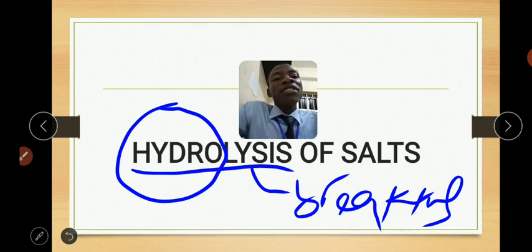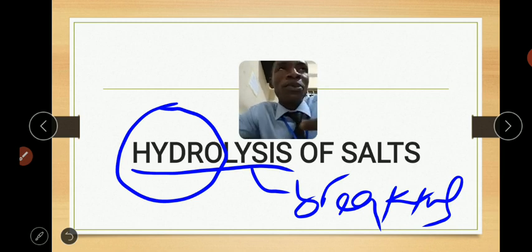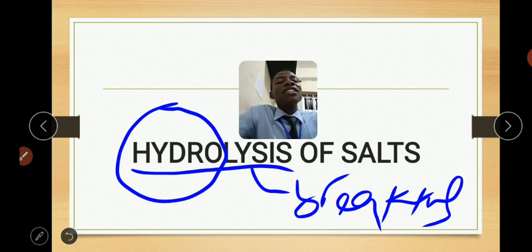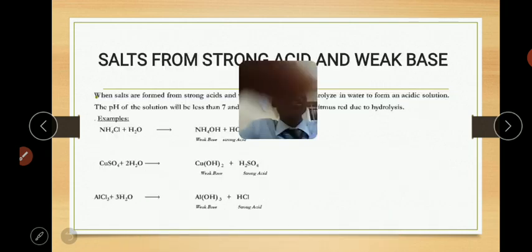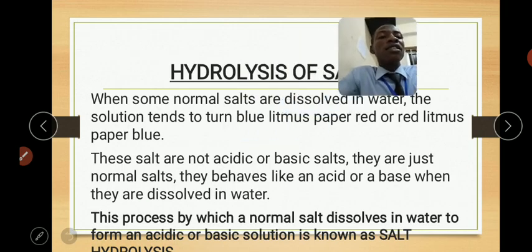Some of these salts, not every salt, we will discuss those salts now. Not every salt hydrolyzes, but most normal salts hydrolyze in water to form either an acidic solution or a basic solution. So this process is what is known as hydrolysis.